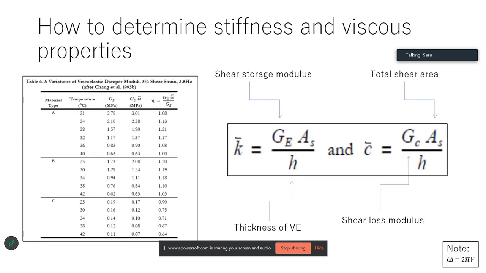We have to find the stiffness and the viscous coefficient. Stiffness equals the shear storage modulus multiplied by the total shear area divided by the thickness of all the viscoelastic layers. Viscous coefficient equals the shear loss modulus multiplied by the total shear area divided by the thickness of the viscoelastic layers.